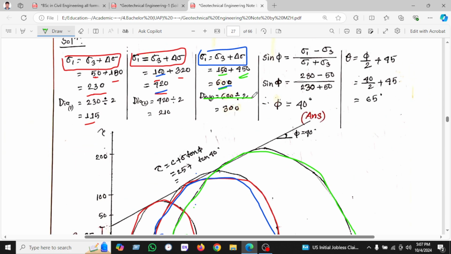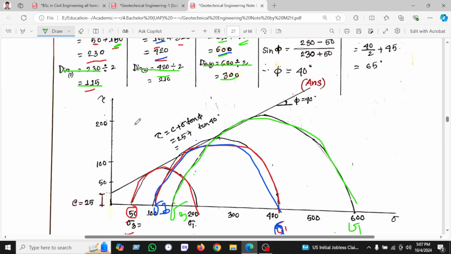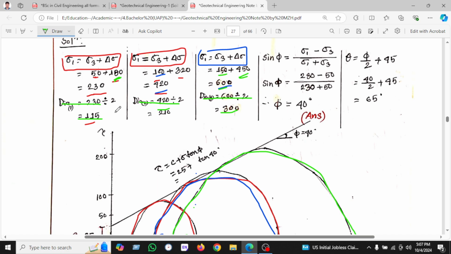So I think these are not accurate, because the diameter is given as 180, and 180 divided by 2 will be 90. The radius will be 90.